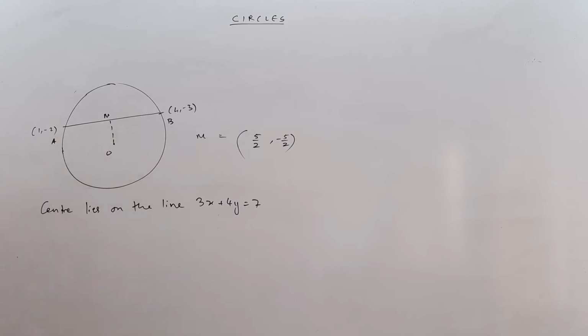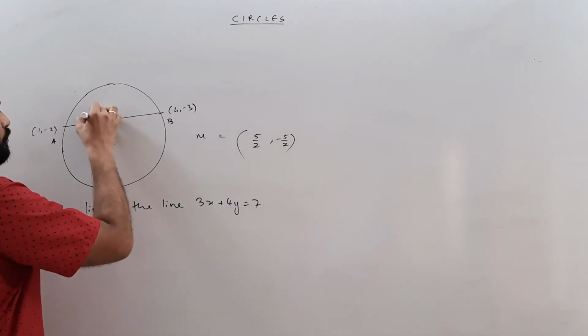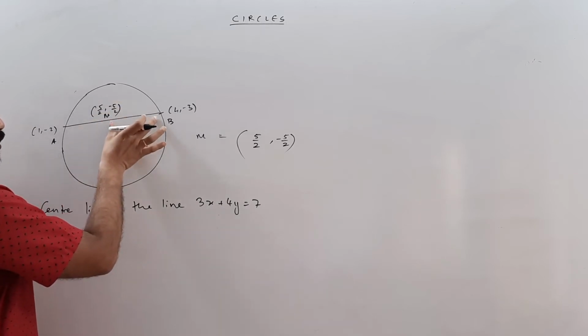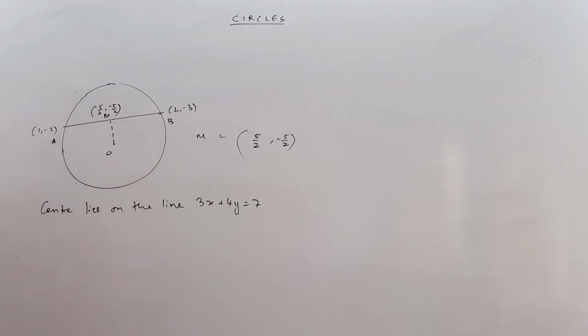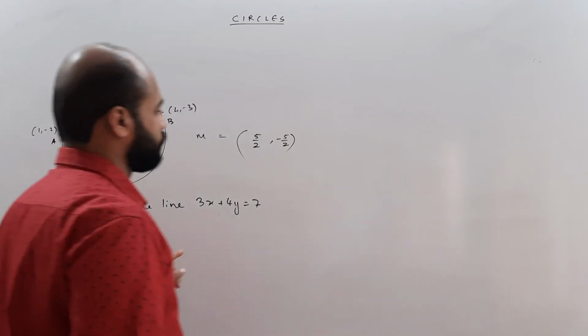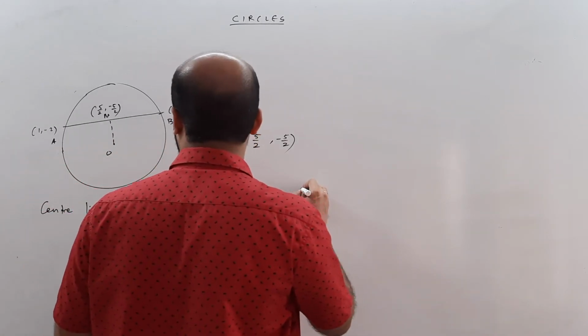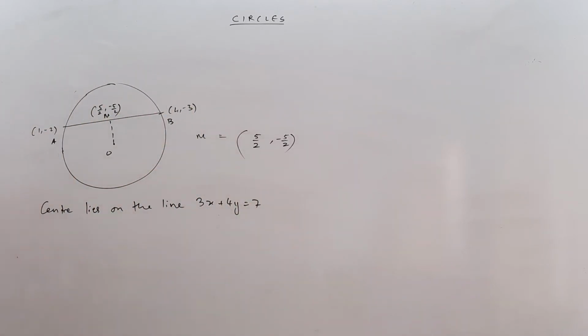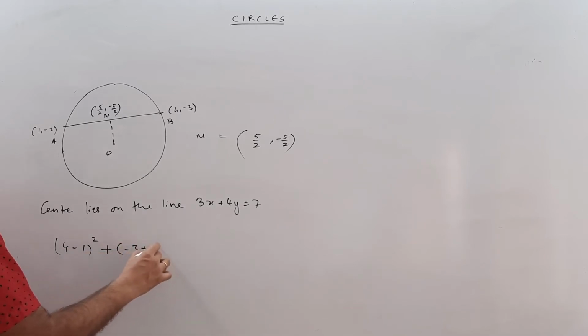The next part is finding the distance between this point and this point, and that we can find through the distance formula. We can find the distance between these 2 points and then divide it by 2. That also works because this is the midpoint. So the distance between these 2 points is the square root of 4 minus 1 the whole square plus minus 3 plus 2 the whole square.